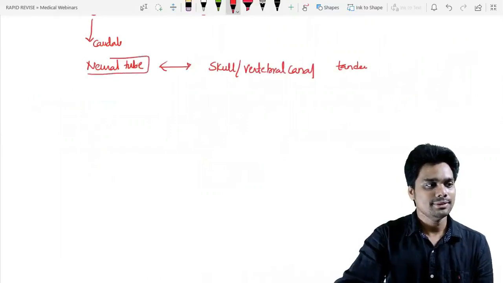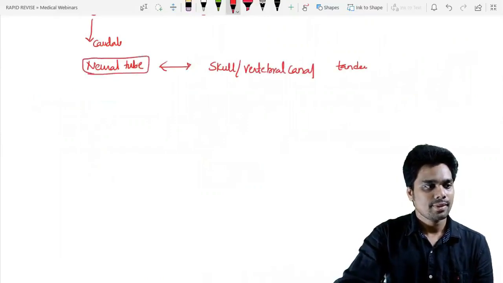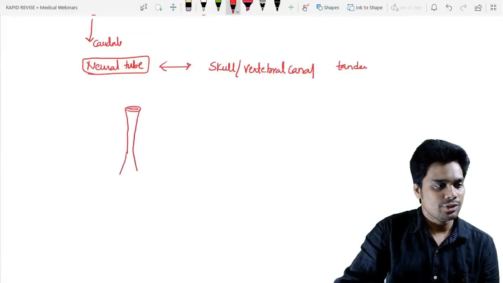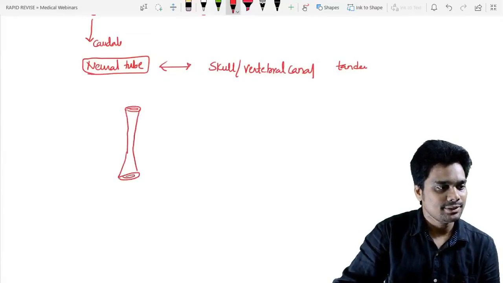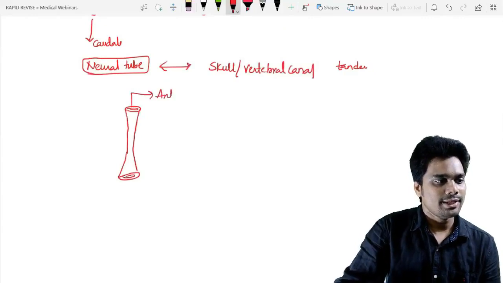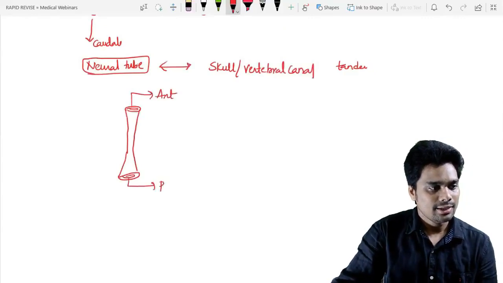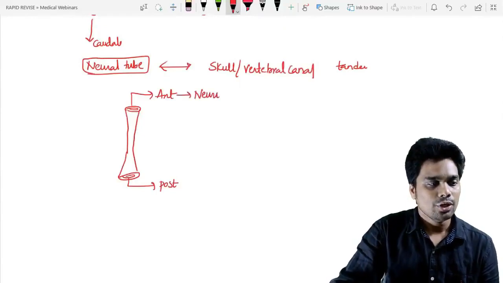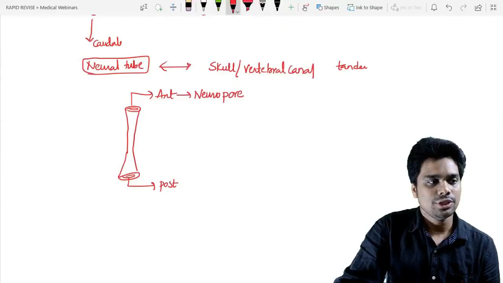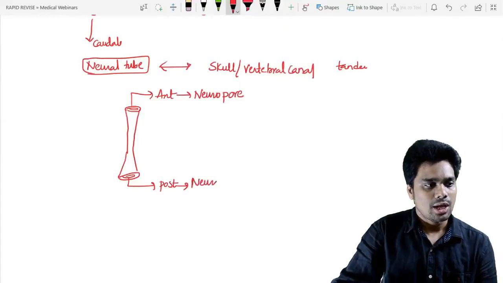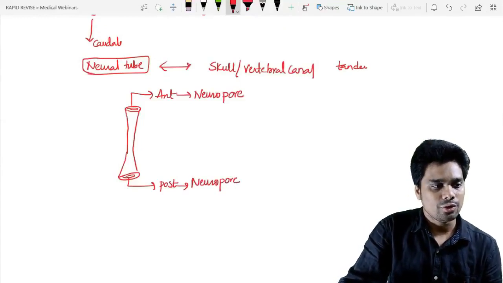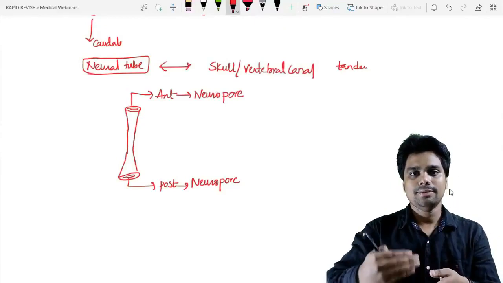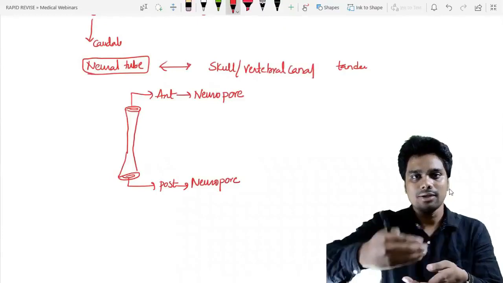Now what happens? This is how the fusion of the neural tube is occurring, but there is an opening in the anterior part and the posterior aspect. These openings are known as neuropores, anterior neuropore and posterior neuropore. The fusion of the neural tube starts in the middle and progresses towards the cranial and caudal regions.